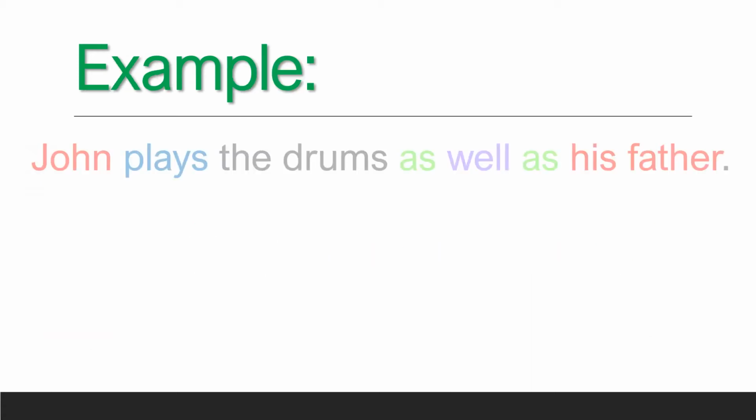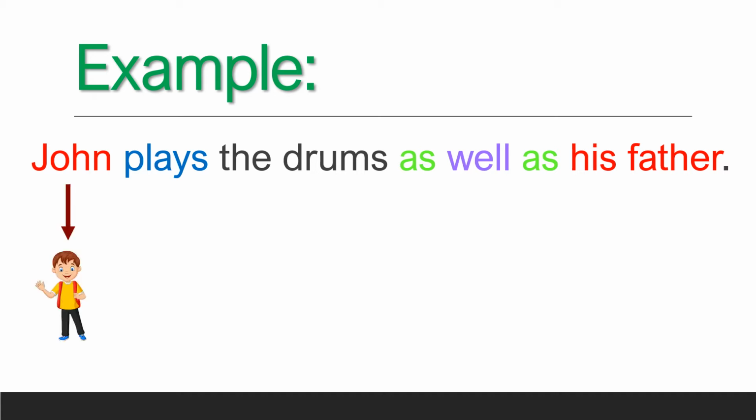We have here an example. John plays the drums as well as his father. This means that John and his father play the drums equally well. John is our subject, plays is our verb in present with the S because John is third person, the drums because we have to mention what he plays.